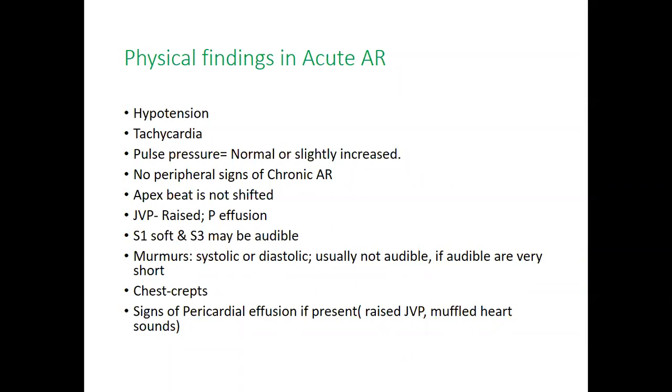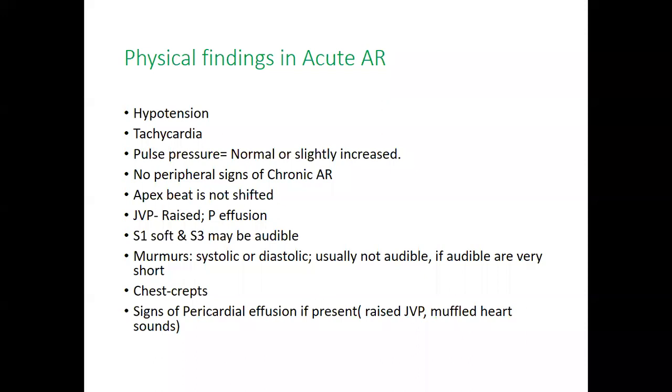But in a patient who presents with acute AR, the scenario is different. The patient will present suddenly, and may have normal blood pressure or hypertension. The patient will have tachycardia, and pulse pressure can be normal or slightly increased. There will be no peripheral signs of chronic AR.